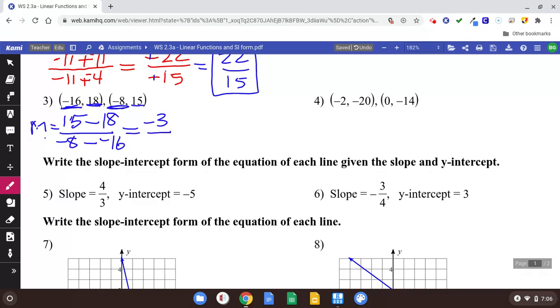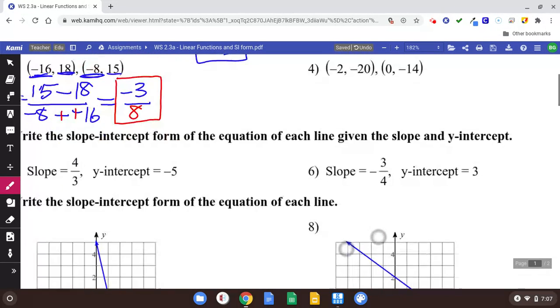And on the bottom, anytime you have minus minus, if you've got a minus minus situation, you're going to add the opposite like that, plus plus. So we have negative 8 plus 16, and negative 8 plus 16 is positive 8. So there's nothing really to reduce there. You're just left with negative 3/8. If you could reduce your fraction, you would.